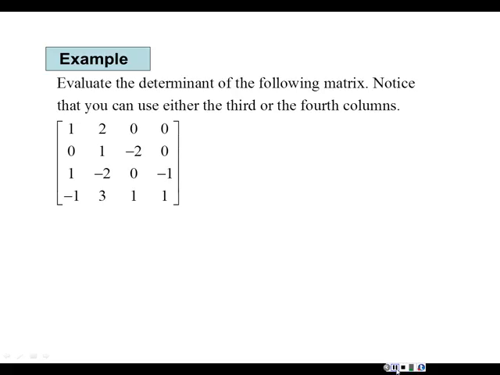Similarly, we can ignore this one because it's multiplied by 0, so it doesn't matter what you do. So similarly, we can find the determinant for this matrix and this matrix. Oh, it's a negative 4, I'm sorry.